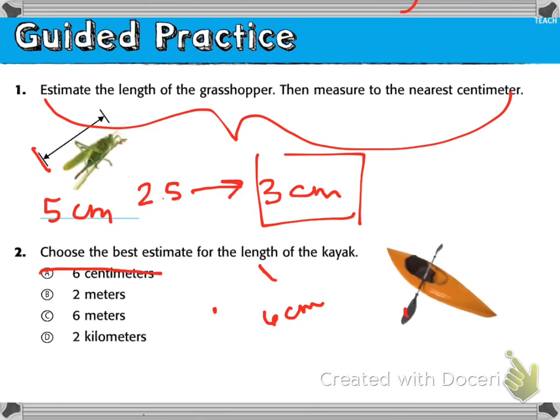So it's not 6 centimeters, it's not 2 kilometers. 2 meters is similar to 2 yards. Do you think a kayak would be 2 yards? William says no. Do you think a kayak would be 6 meters? I don't know. I think that's more like it, that 6 meters is more appropriate for the length of a kayak.